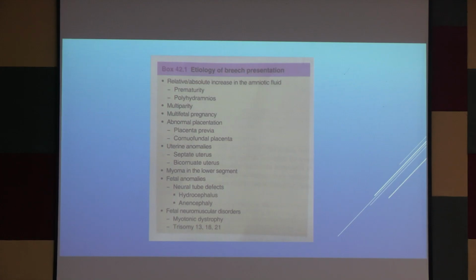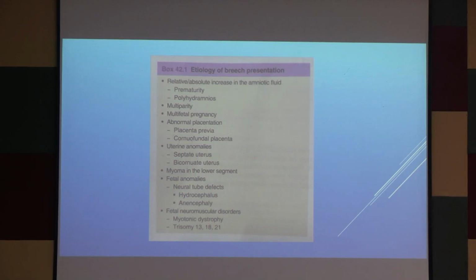That may be a cause of breech presentation. If the placenta is cornuo-fundal in insertion, that causes breech presentation. That is placenta previa, cornuo-fundal placenta.